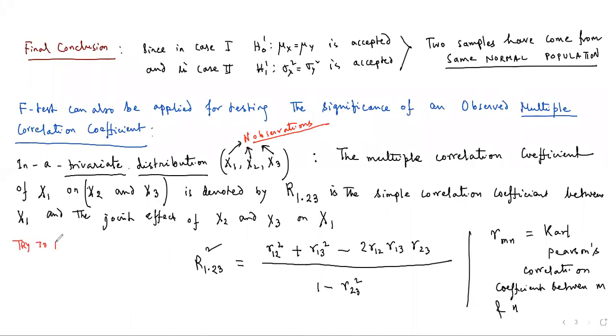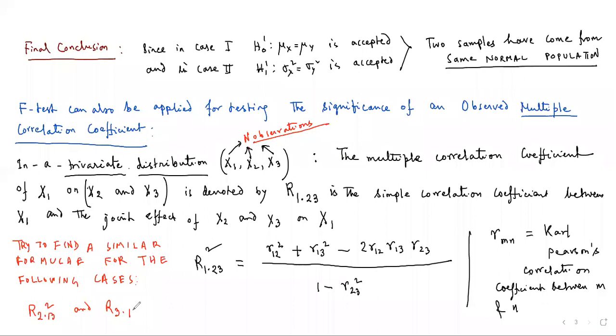Try to find a similar formula for the following cases. You can consider this also, and you can consider this also. So in this way, the multiple correlation coefficient can be calculated.